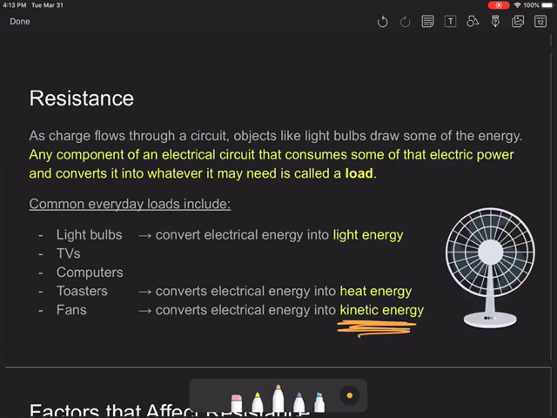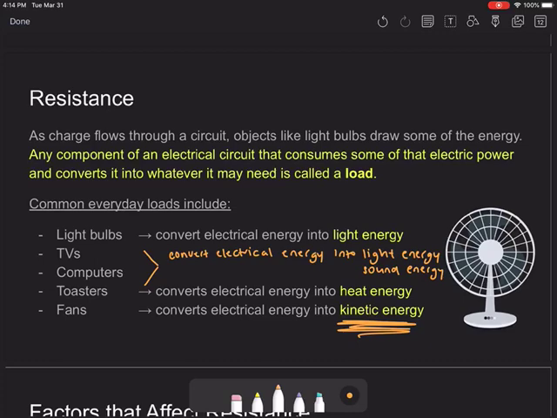If we're looking at TVs and computers, they would convert the electrical energy into light energy, just like light bulbs do. But then we also have sound energy or audio energy, right?